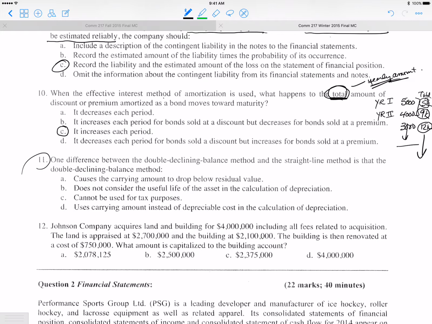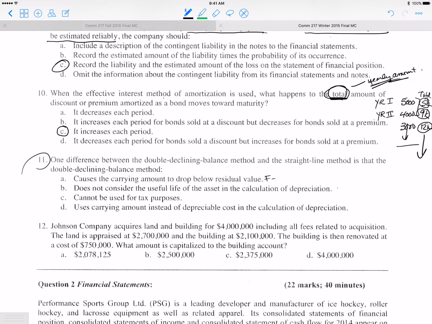Question 11. One difference between the double declining and the straight line method is that the double declining balance, A, causes the carrying amount to drop below residual value. This is false. You cannot depreciate an asset below its residual value. The double declining balance method doesn't consider the useful life of the asset.